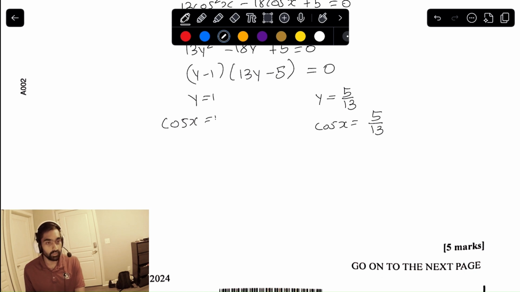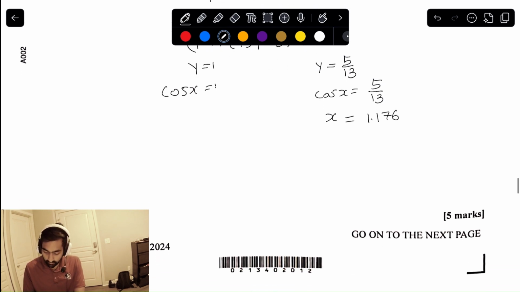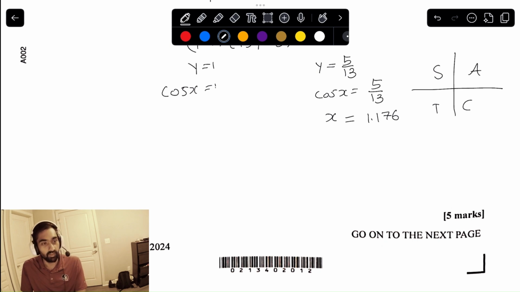Let's do cosine x is equal to 5 over 13 first. The first thing that you should do is figure out what the principal value is. If you were to just do cosine inverse of 5 over 13 in your calculator, you get 1.176. Now, here cosine x is positive, so if we draw our quadrant, it's going to be ASTC. All school teachers care, that's how I remember it.